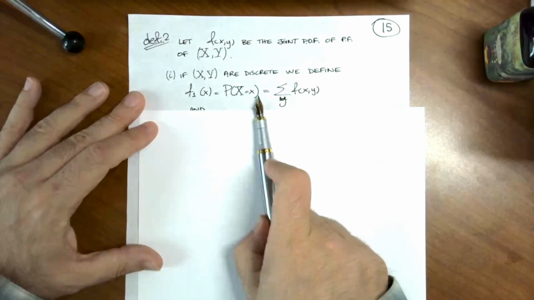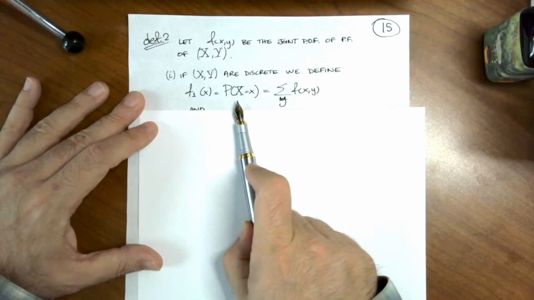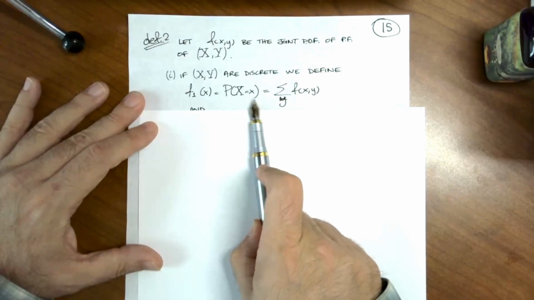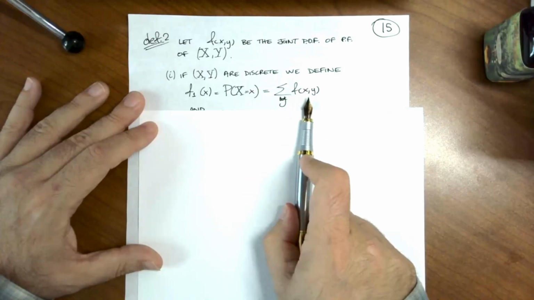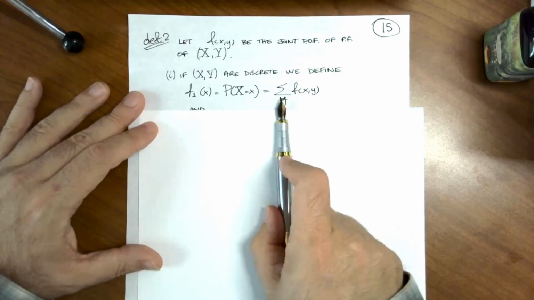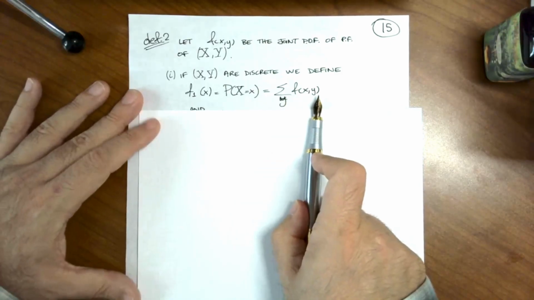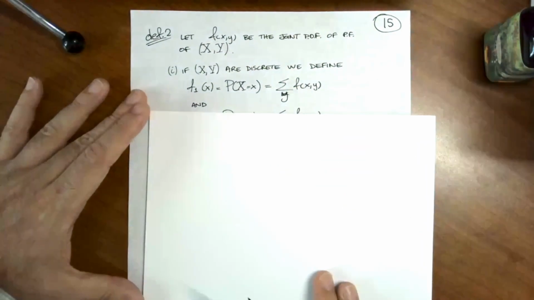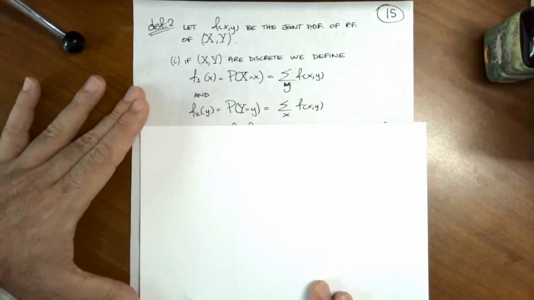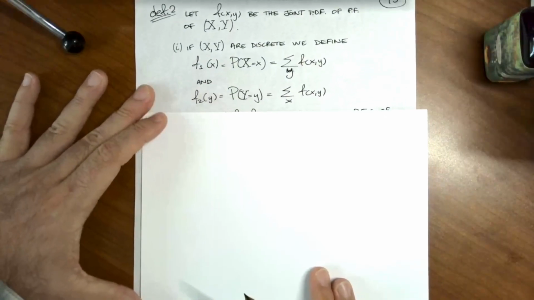So how do you calculate this probability that x is going to take a specific value? Well, you're going to sum up the values of f of x comma y across all possible values of y. We're going to see an example of how this actually happens.